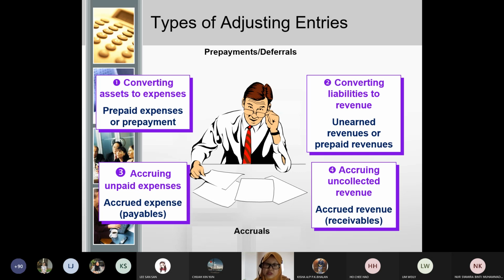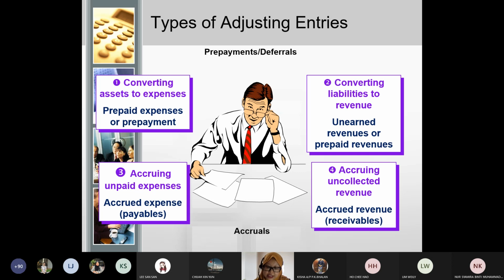Prepayments or deferrals means that the payment is made or the cash is received before the expense or revenue is recognized.